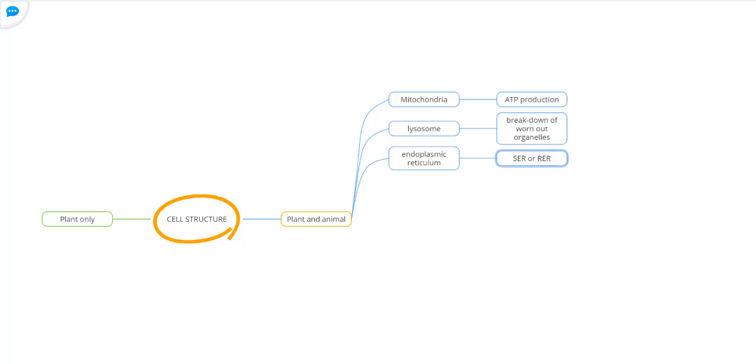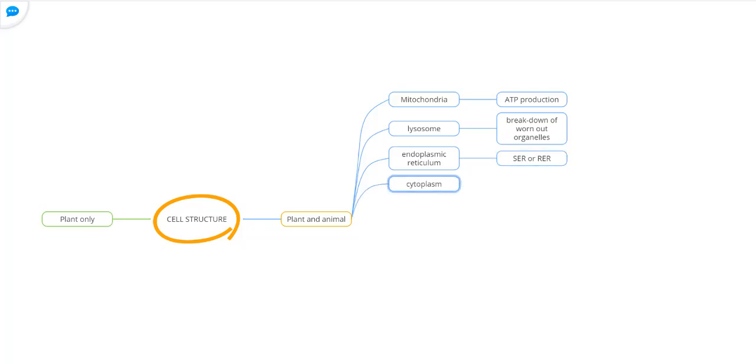For SER, or smooth endoplasmic reticulum, their function is to synthesize and transport lipids and steroids. For rough endoplasmic reticulum, their function is to transport proteins.